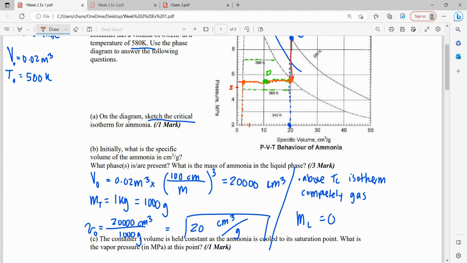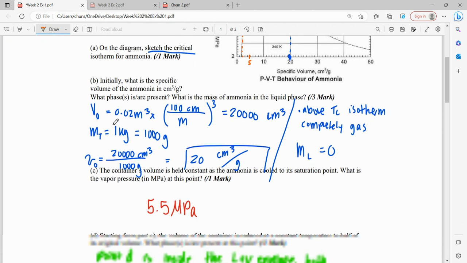This is 0. Oh, sorry, no, if this is 5 right here, this is about like 2. And here we were already given our vapor pressure, which we found from part C.